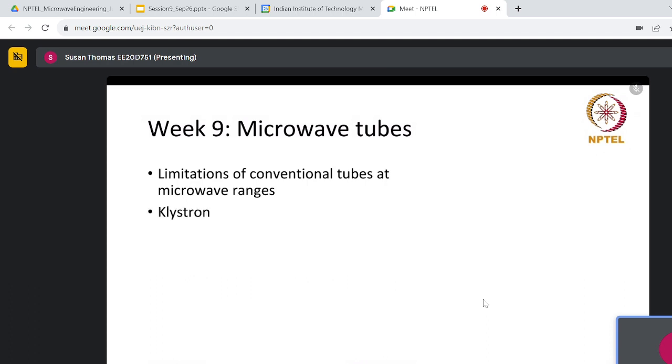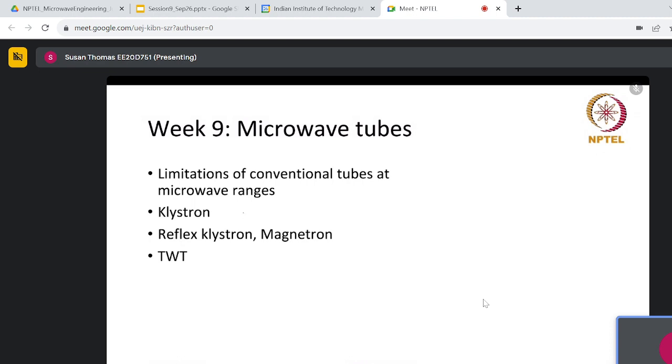And then we came across the different types of microwave tubes, whether amplifier or oscillator. We started out with the klystron amplifier, then the reflex klystron or magnetron oscillators, and then also the traveling wave tube or TWT amplifier.